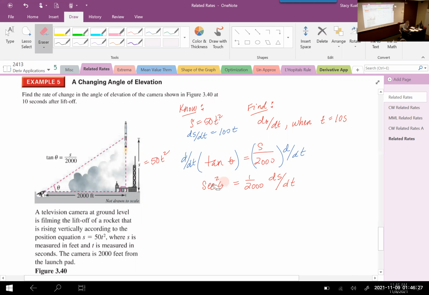I did not take the derivative of this side fully, did we? It should be secant squared theta d theta dt.